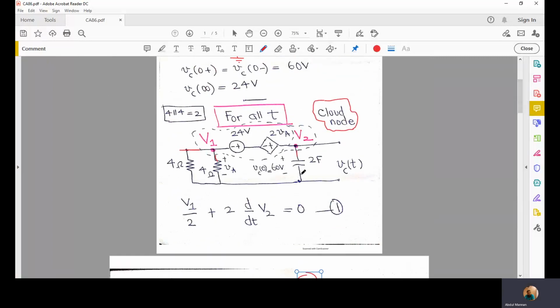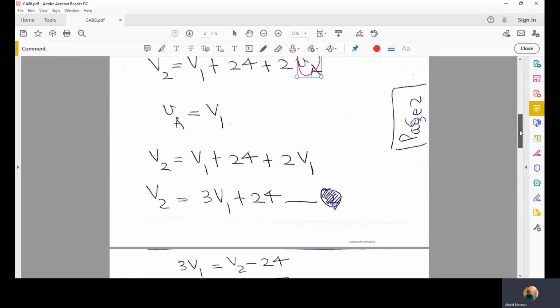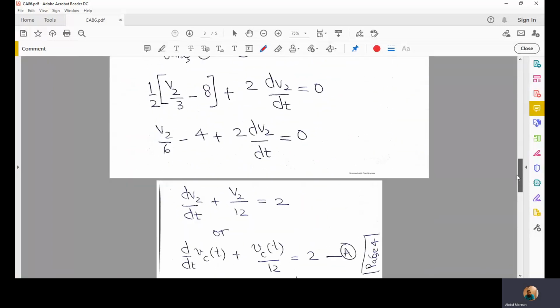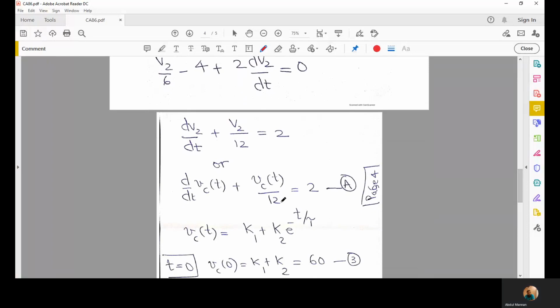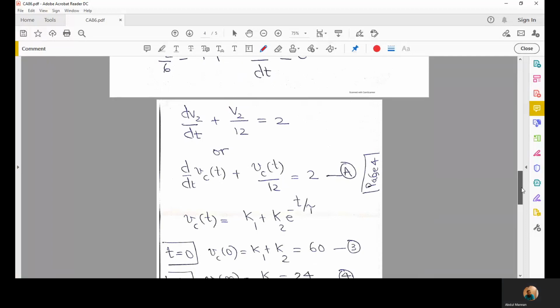So now it's easier for us, because computing V2 is actually computing VC. Since V2 is the same as VC, the same equation can be written by replacing V2 with VC of t, our desired quantity.